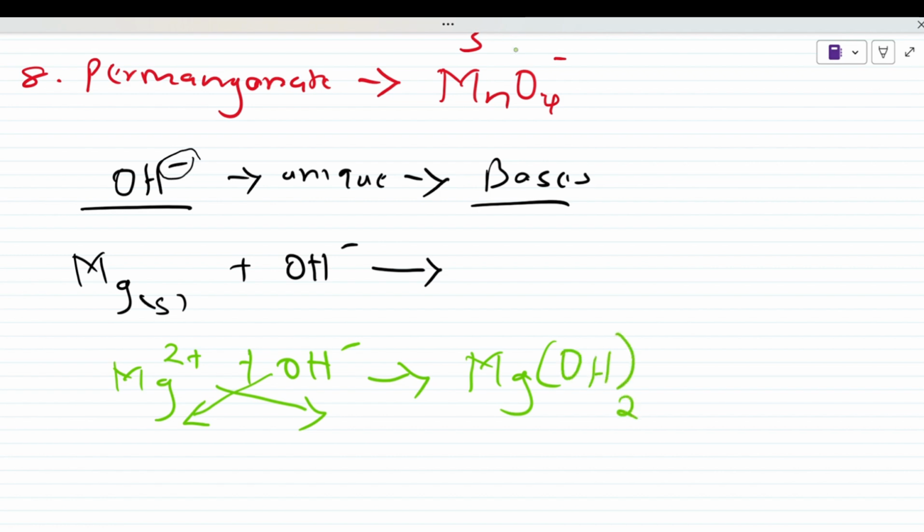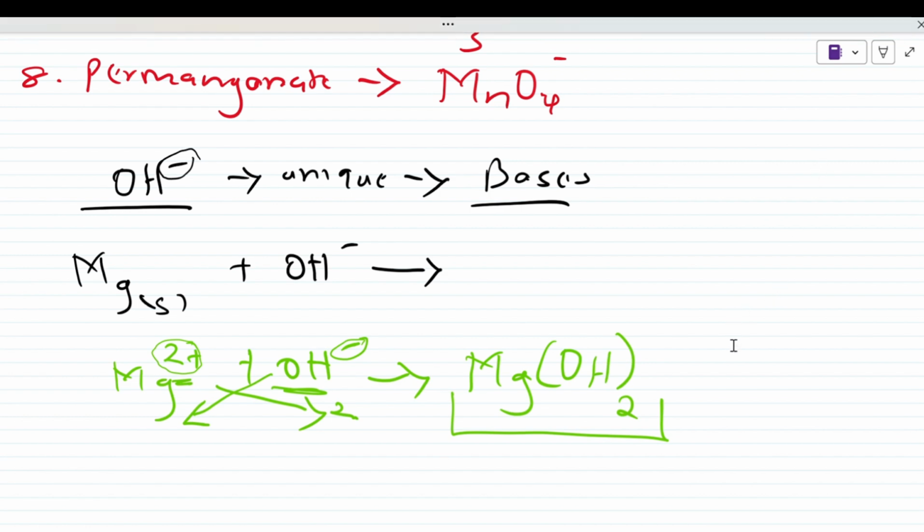Why? Because magnesium is losing 2 electrons and hydroxide only needs 1 electron. So I need 2 hydroxides to accept each electron from magnesium for this to be stable. So that's what I'm going to have at the end of the day.